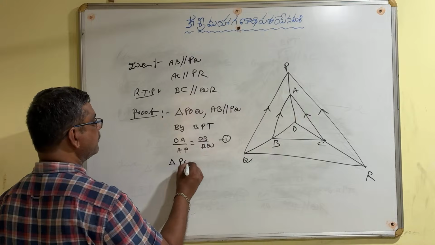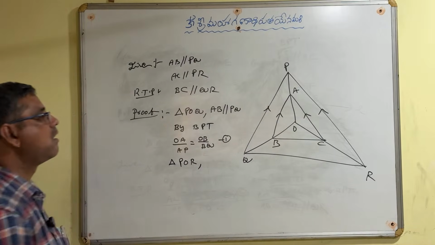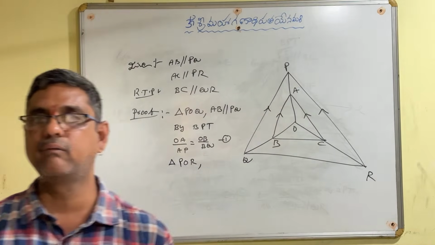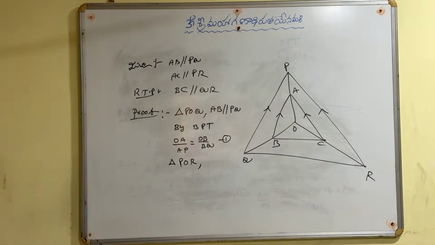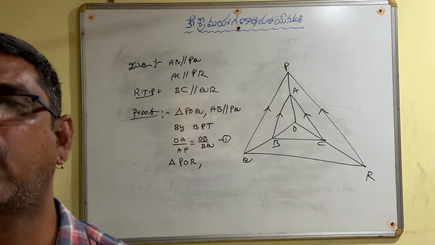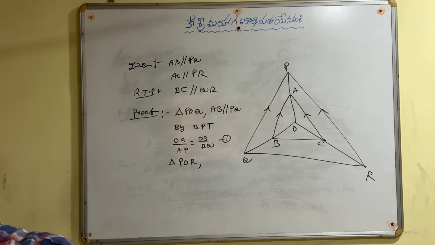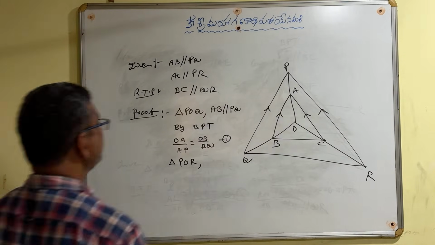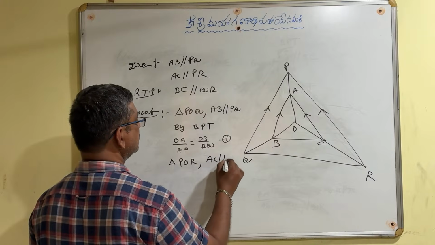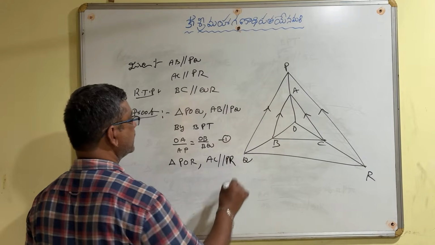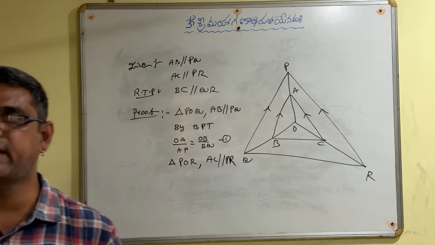Now, consider triangle POR. In that, AC is parallel to PR. This is given.